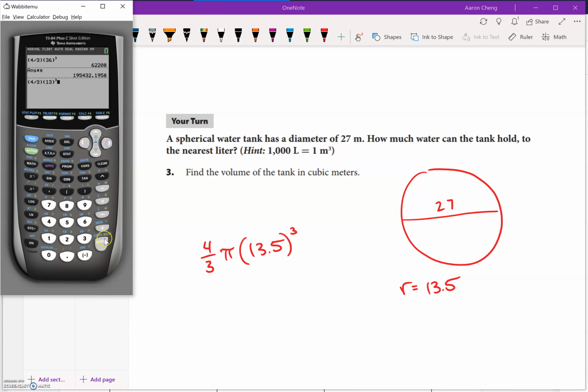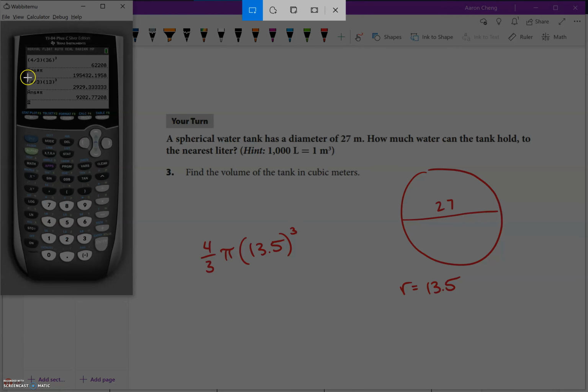Cubed, times pi. All right, so those are going to be our two answers there.